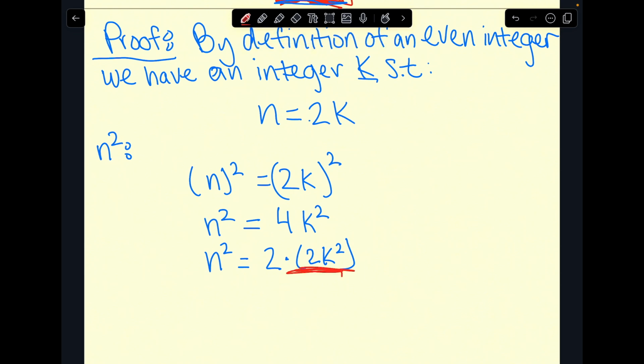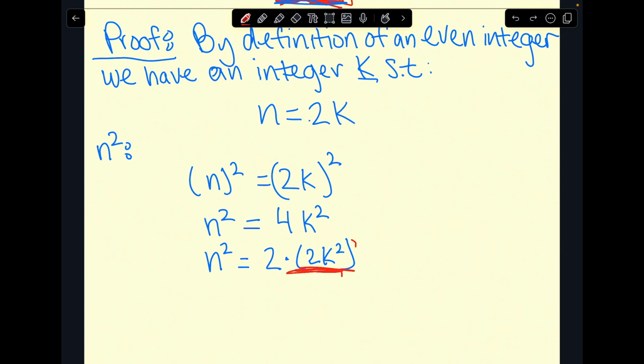Let me break it down one more time. By definition, k is an integer. And k squared itself is also an integer, because an integer times an integer is an integer. Now we have k squared, which is an integer, times 2, which is another integer. And an integer times an integer is just an integer.